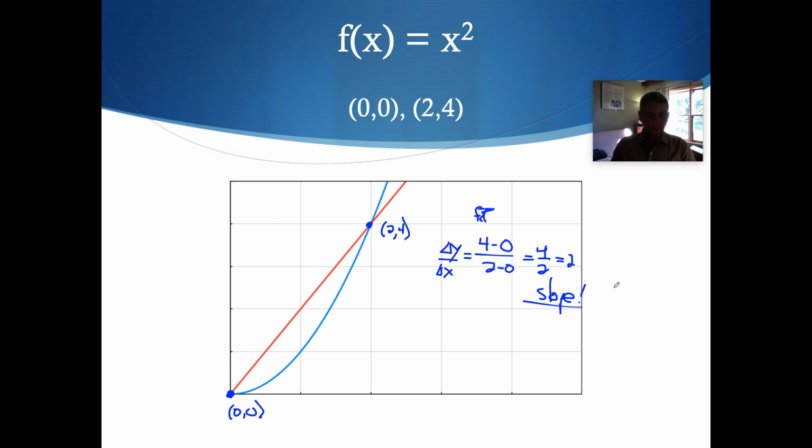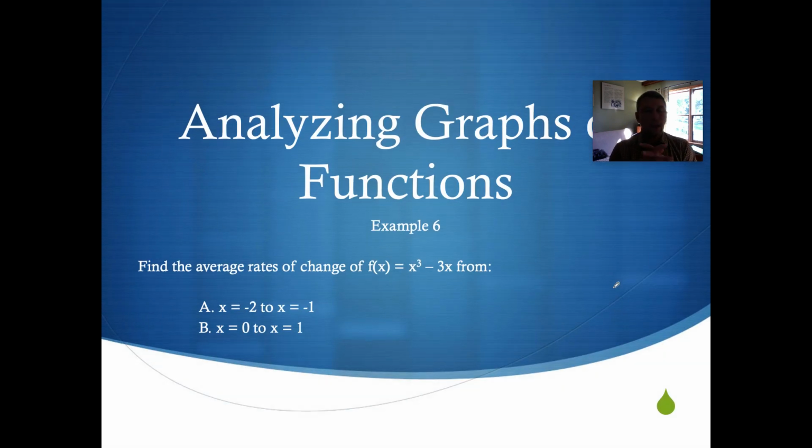Okay, so how do we use this in a problem? Here in example number 6, you're asked to find the average rates of change of the graph of f of x equals x cubed minus 3x from the point x equals negative 2 to the point x equals negative 1, and from the point x equals 0 to the point x equals 1.